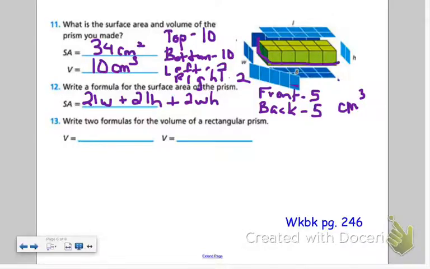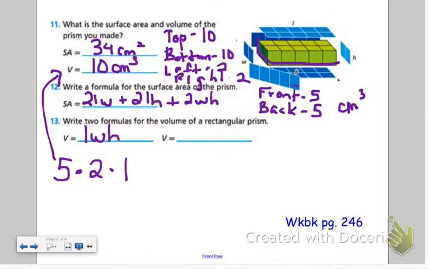So you can do 5 times 2 times 1, and you're going to get 10. Remember, we said the volume was 10. What we did was length times width times height. The formula for volume is a whole lot easier than the formula for surface area. Length times width times height.